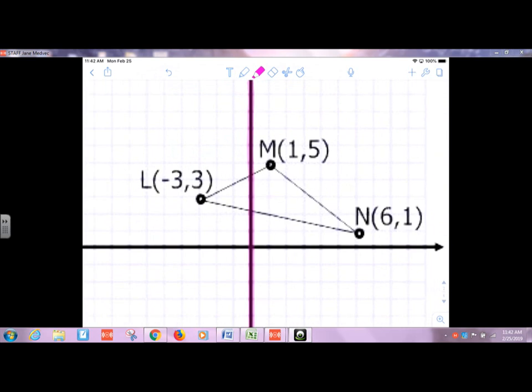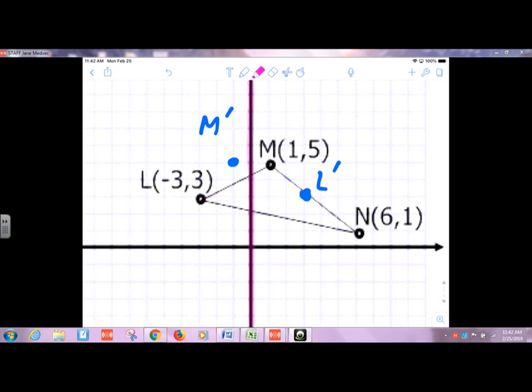If I take a close look, it's 1 away, so I'm going to put my M prime right there. Then I can erase that. I'm going to take a look at my L. It gets a little more confusing when the figure straddles the axis. But my L is 1, 2, 3 away, so 1, 2, 3 away. This ends up being L prime, and again I'm going to erase that.